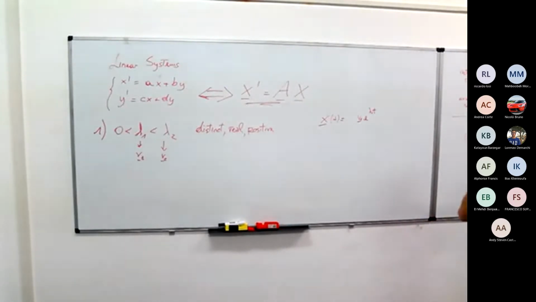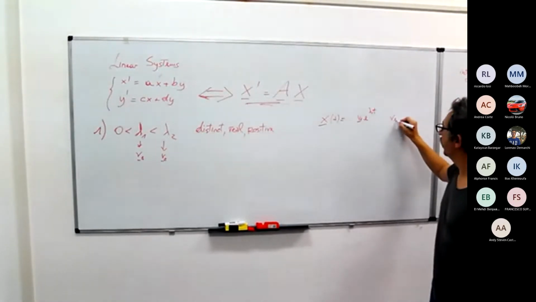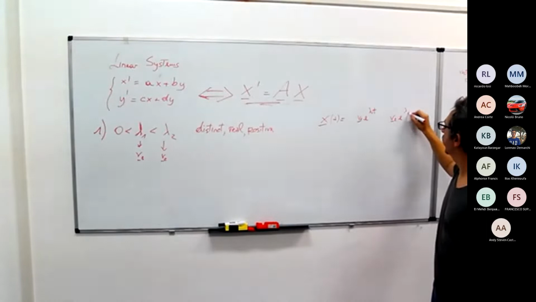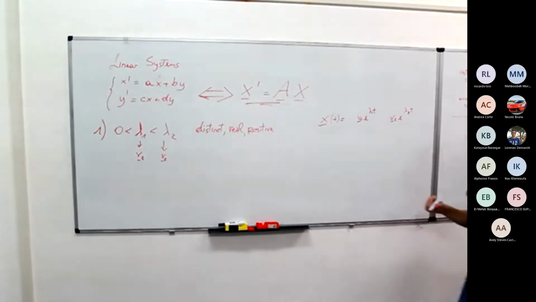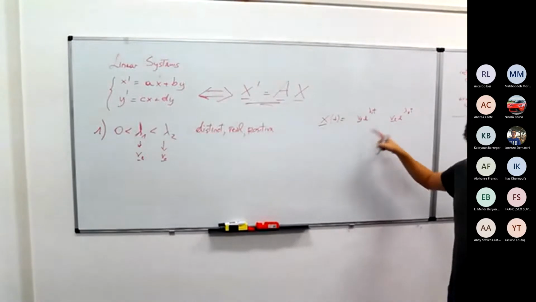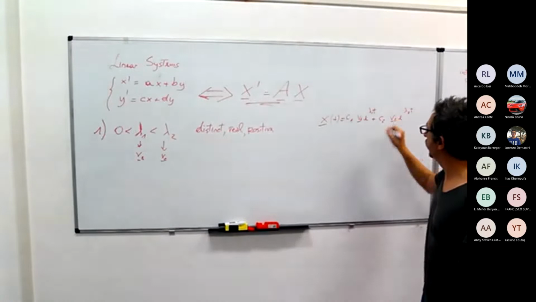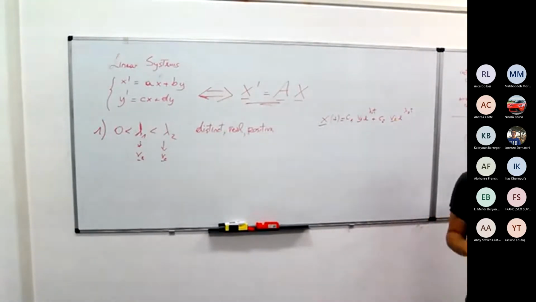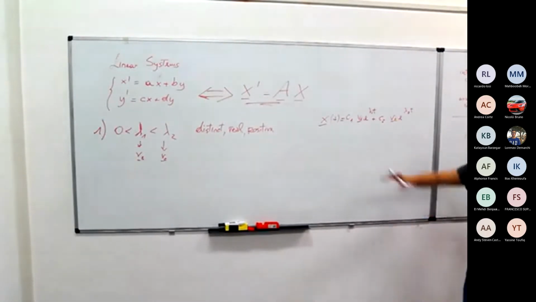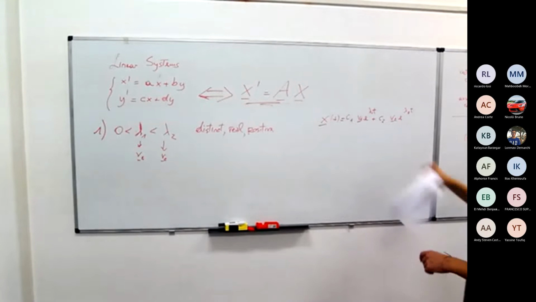Another solution, linearly independent from the first one, is B2 exponential of lambda 2 times t. Then the general solution is a linear combination of these two, so you will have some constants C1 and C2 here. I'm just writing a linear combination of the linearly independent solutions of the differential equation.